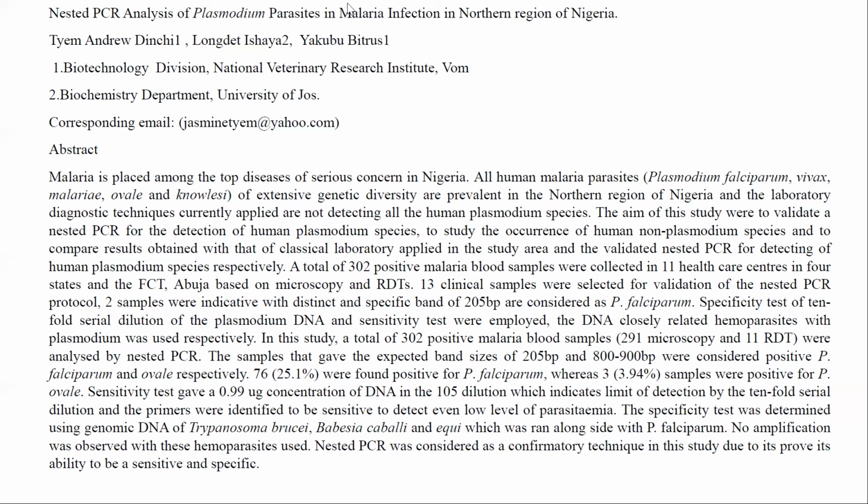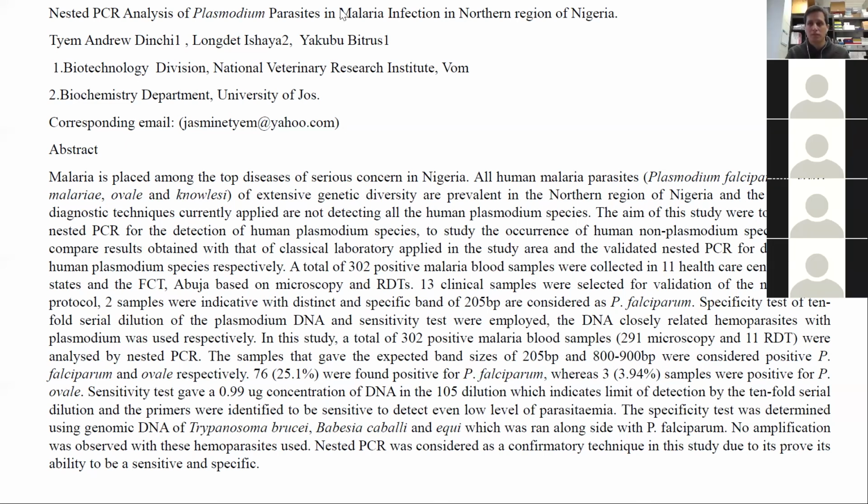And out of these 302 positive samples that we collected based on microscopy and RDT, only 76 samples were positive for falciparum, and only 3 were positive for Plasmodium ovale. We did not get vivax or malariae from these samples we analyzed.